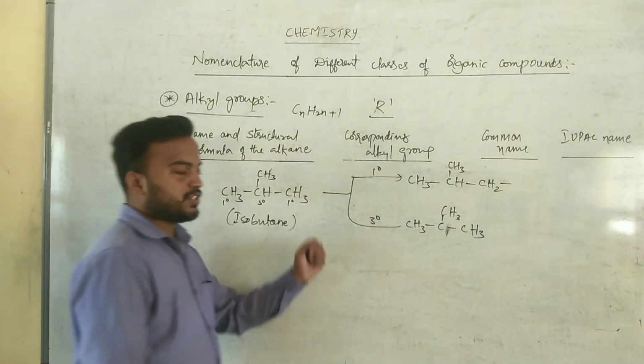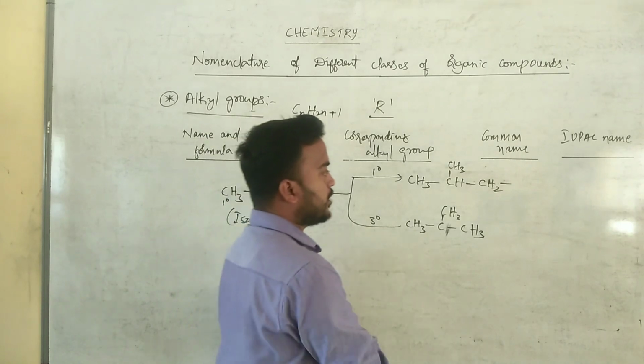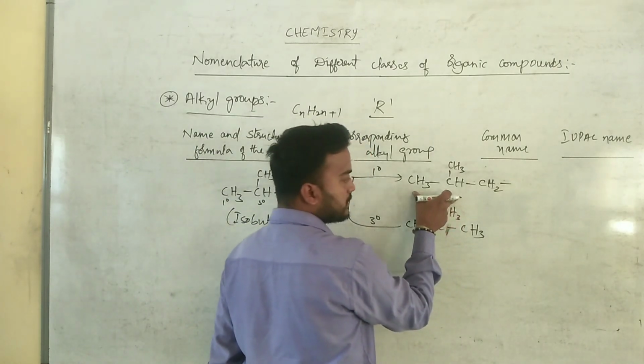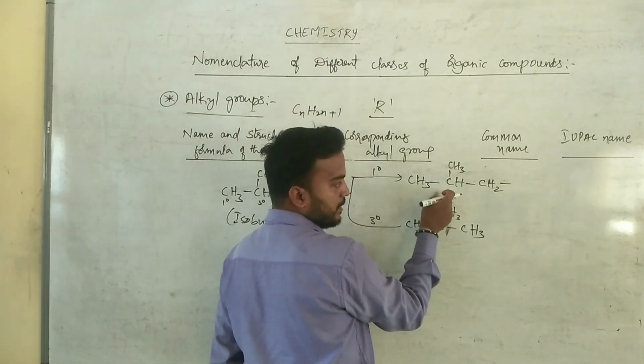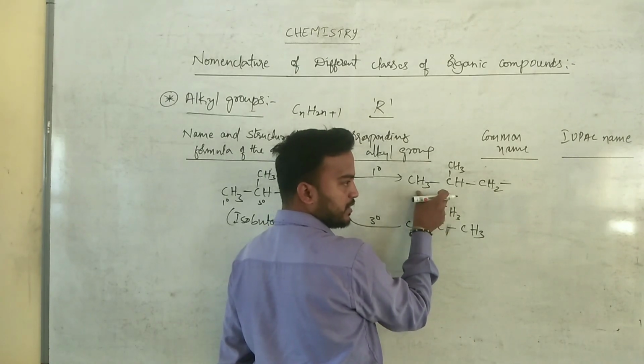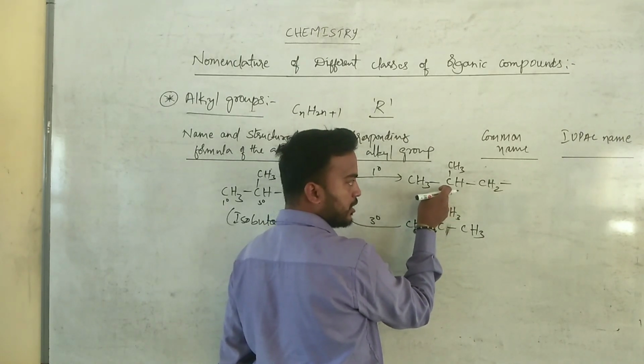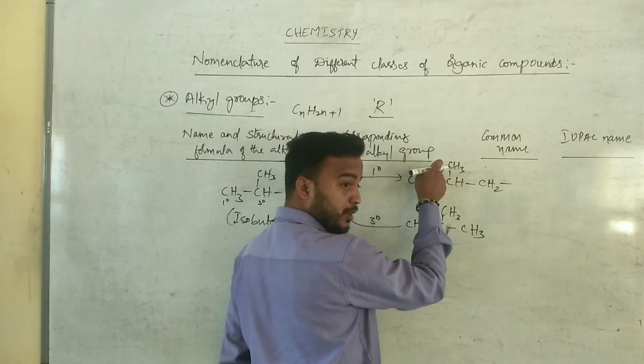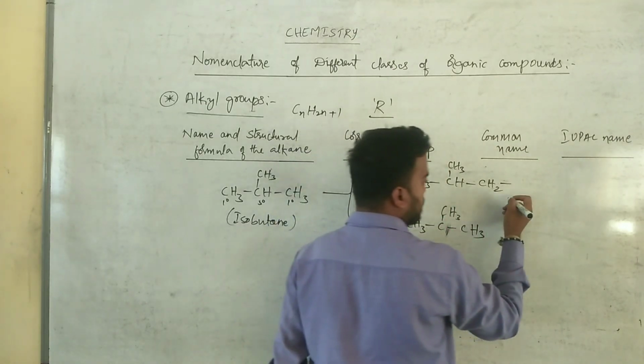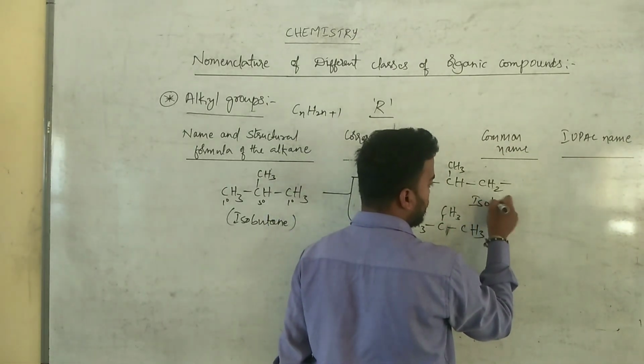Okay, let's write the common names. What is the common name for this compound? In the case of a branched chain alkane, the second carbon atom contains methyl groups, so we have to use isobutyl.